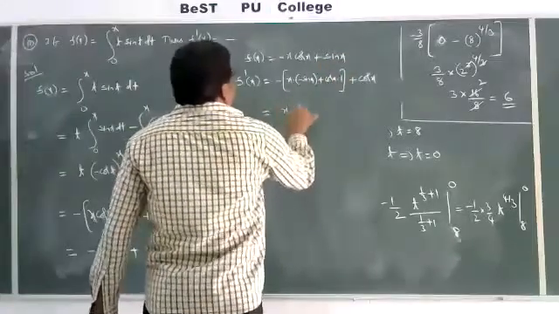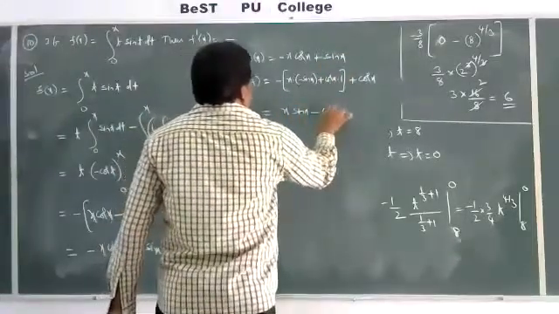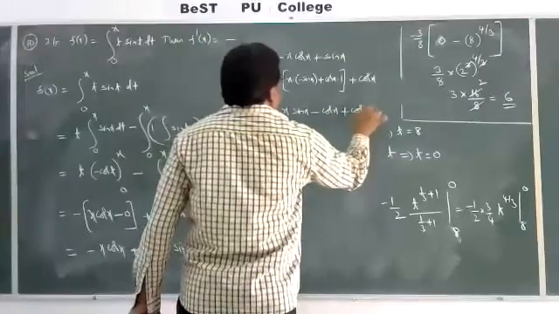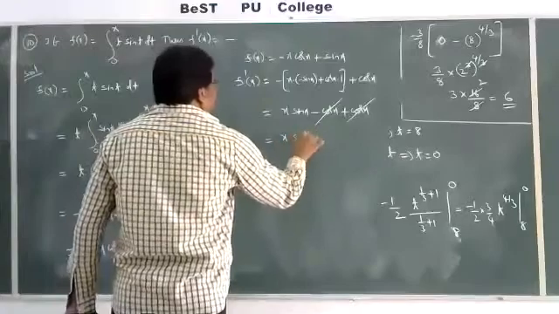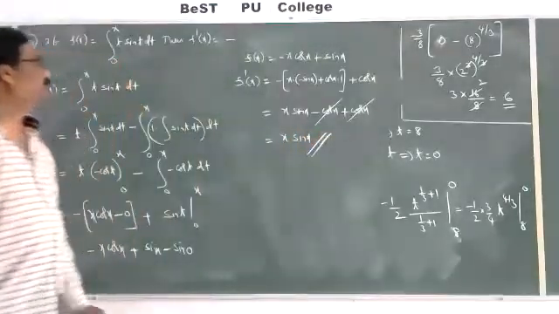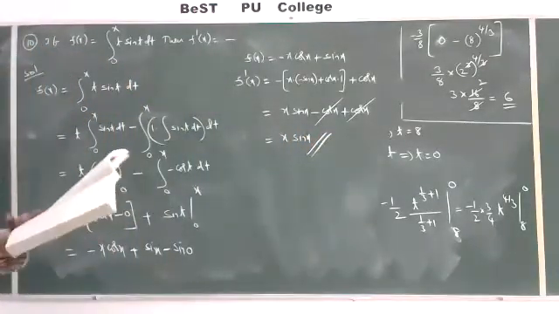This is x sin x − cos x + cos x + cos x − cos x, and the cos terms cancel. That is x sin x. So f'(x) is x sin x.